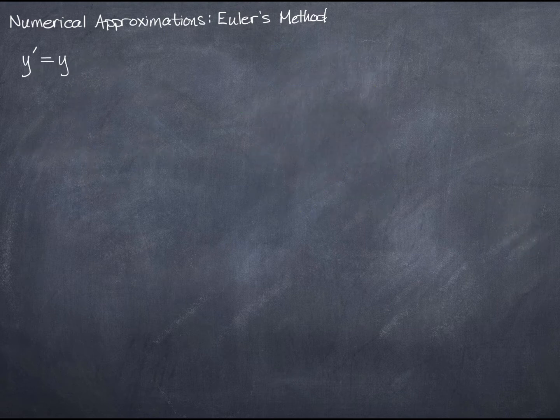In order to do this, I'm going to take another step farther back and look at an even simpler differential equation, y prime equals y. The reason I'm doing this is one, we could easily find the solution for algebraically, but I want to use it to show you what's happening in Euler's method, and then we'll use it to explore a more difficult problem.